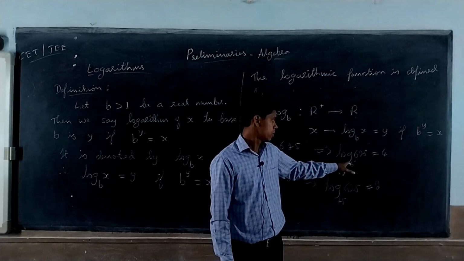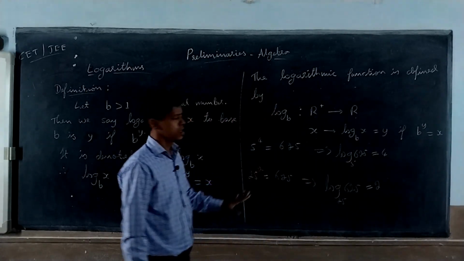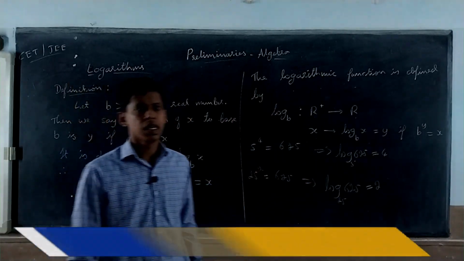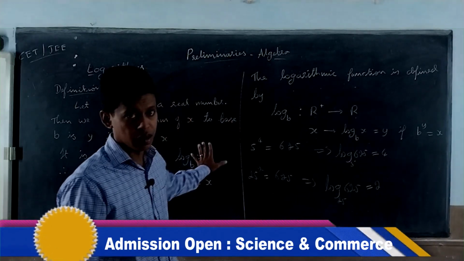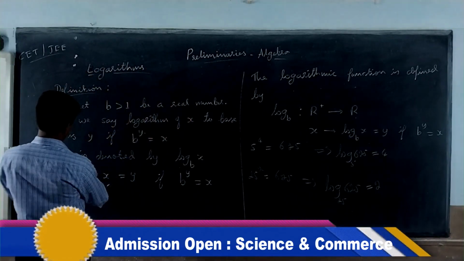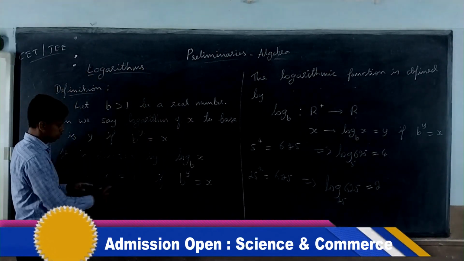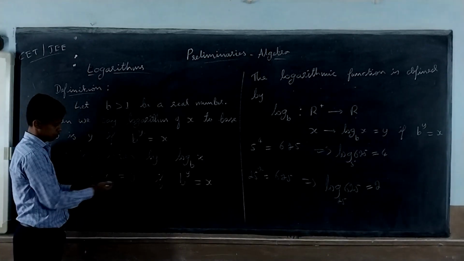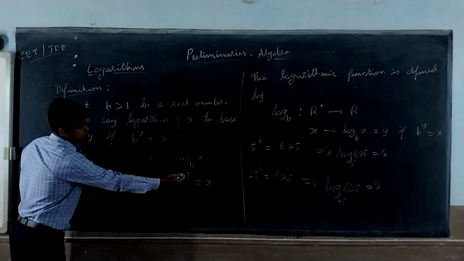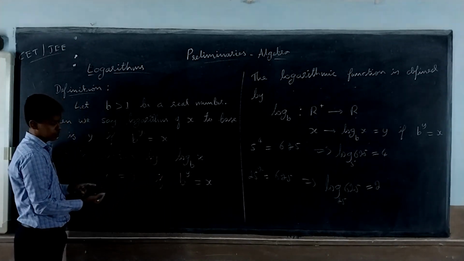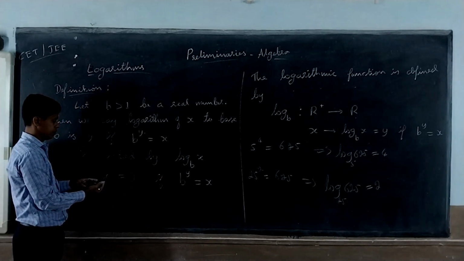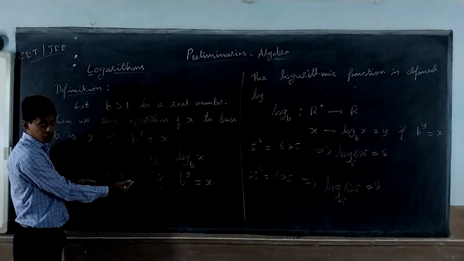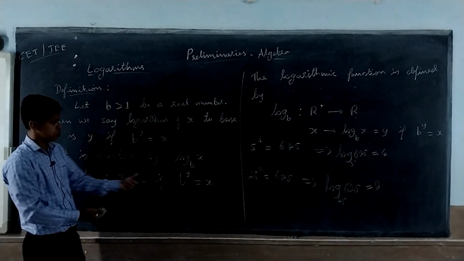All right, so basically what you must understand from this definition is this conversion. The base remains the same, this number will come as the power here and this will be independent. If you know the value of y, you can always find x using this.